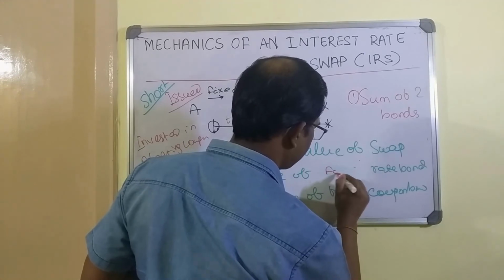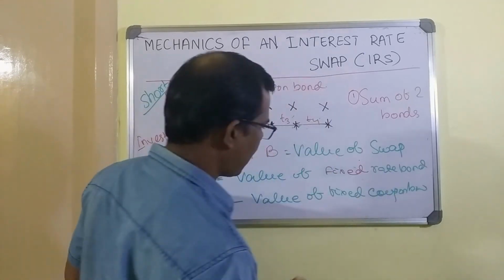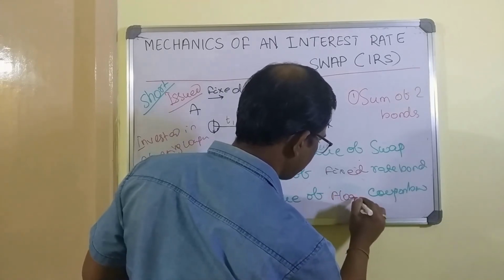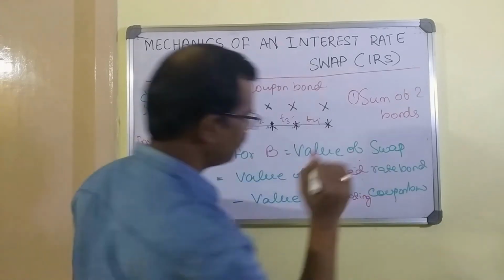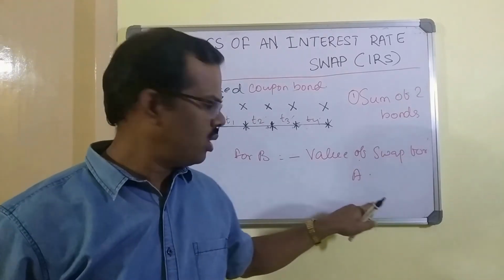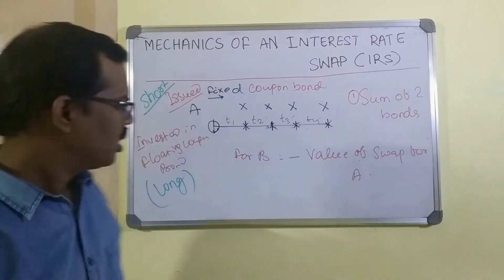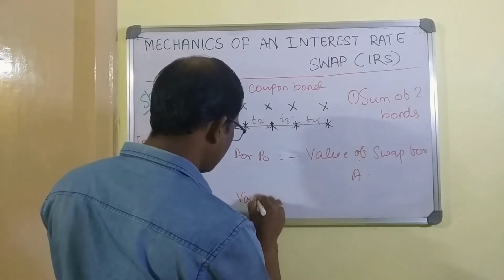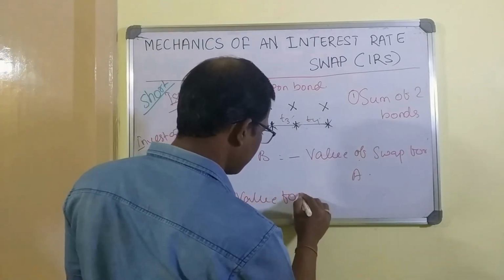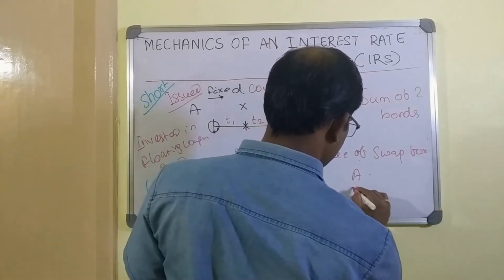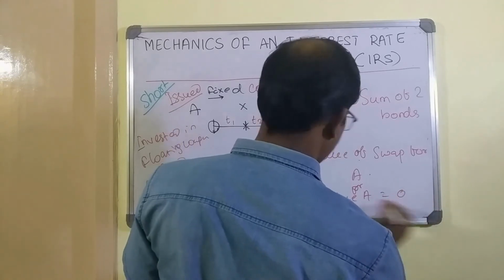Understood? So for B, it will be equal to the negative value of the swap for A. If we add them together, that means the value of the swap for B plus the value for A, that will always become 0.